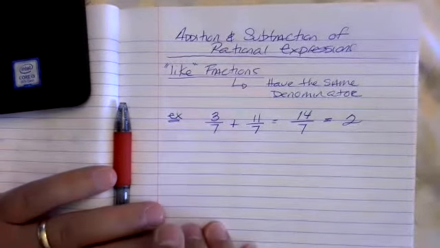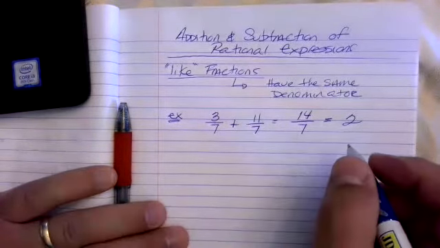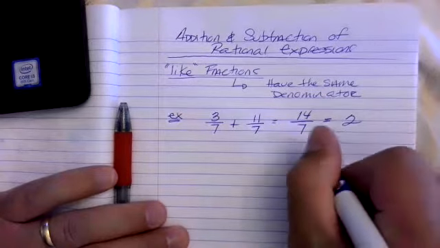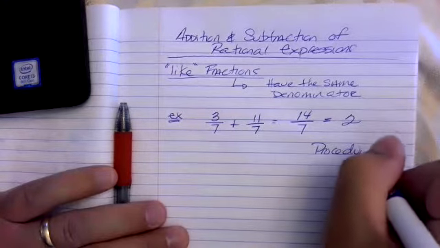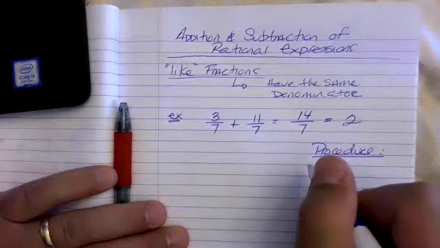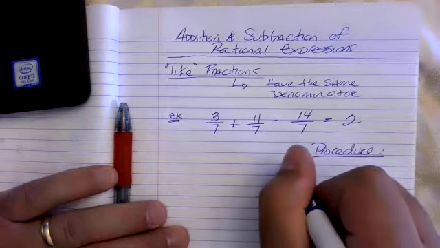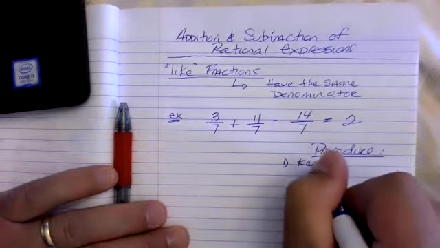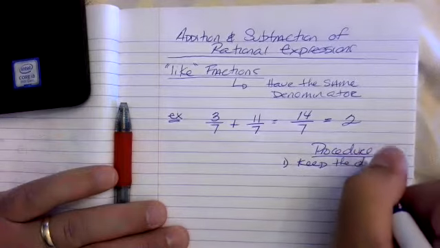So it's the same thing with rational expressions. Let's see what we did in this problem. Well, they were like fractions, so we keep the denominator.